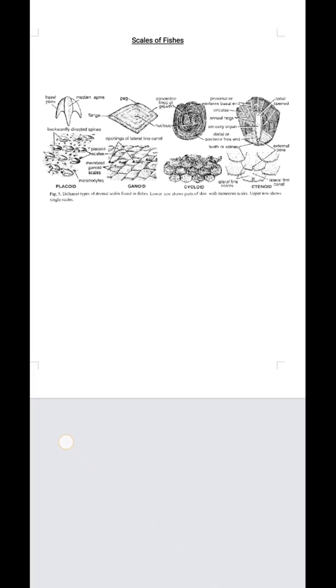These are small, thin cornified, calcareous or horny plates which fit closely together or overlap. Talking about their arrangement, the arrangement of scales on the fish body is often imbricated and thus overlap like the shingles on the roof, in which the free margins are directed towards the tail because this arrangement minimizes the friction of water so that they can easily propel forward during swimming.